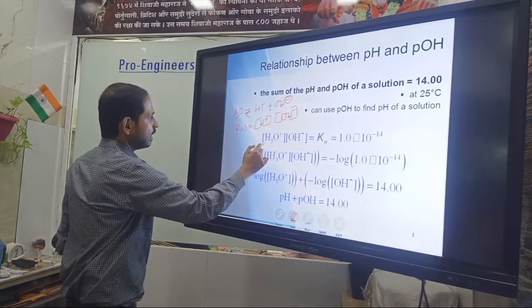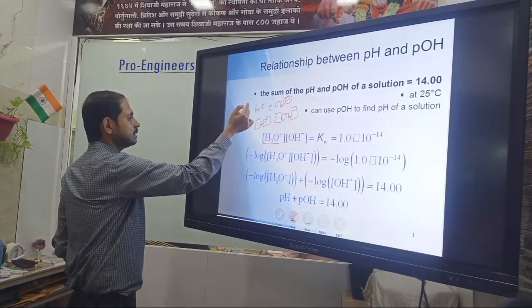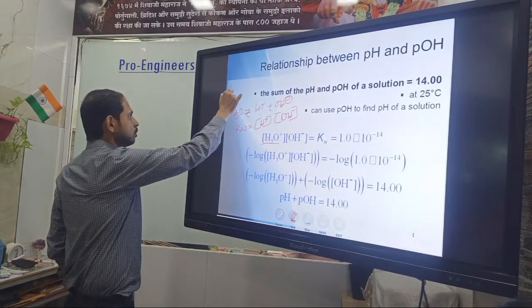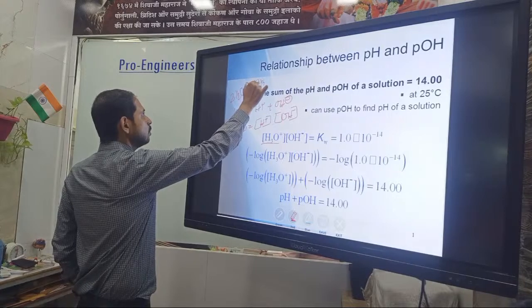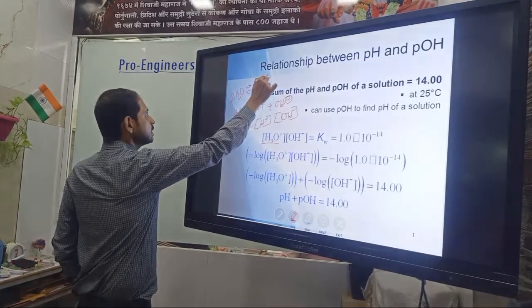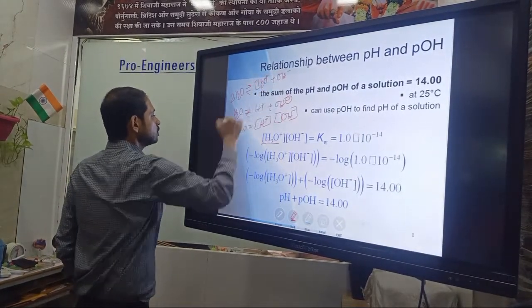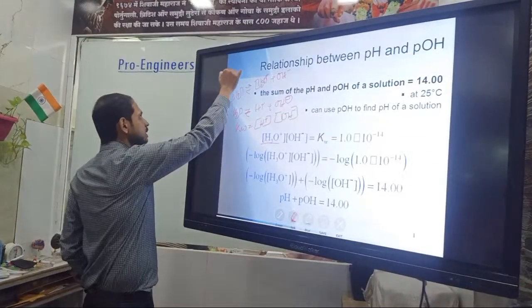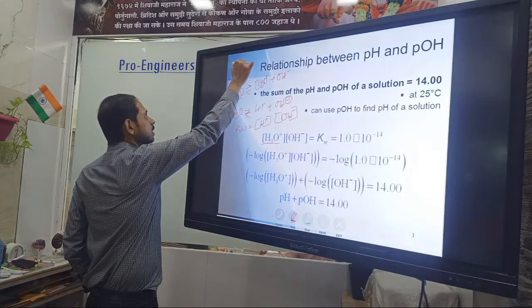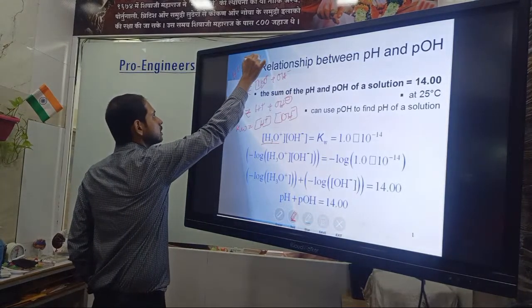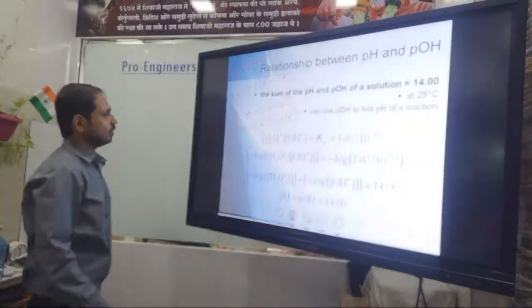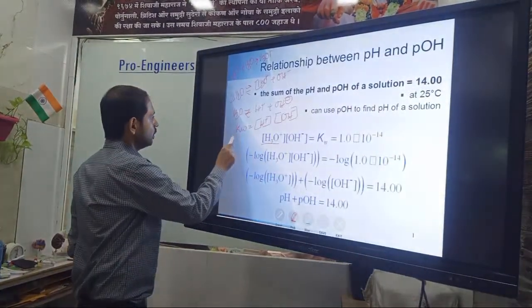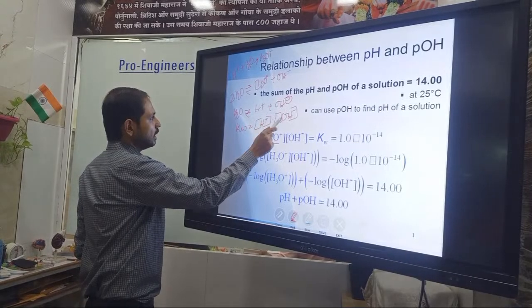Instead of H plus you can also write H3O plus. If you take two water molecules, you can write H3O plus and OH minus. H3O plus is nothing but H plus with water. That is called H3O plus, hydronium ion.